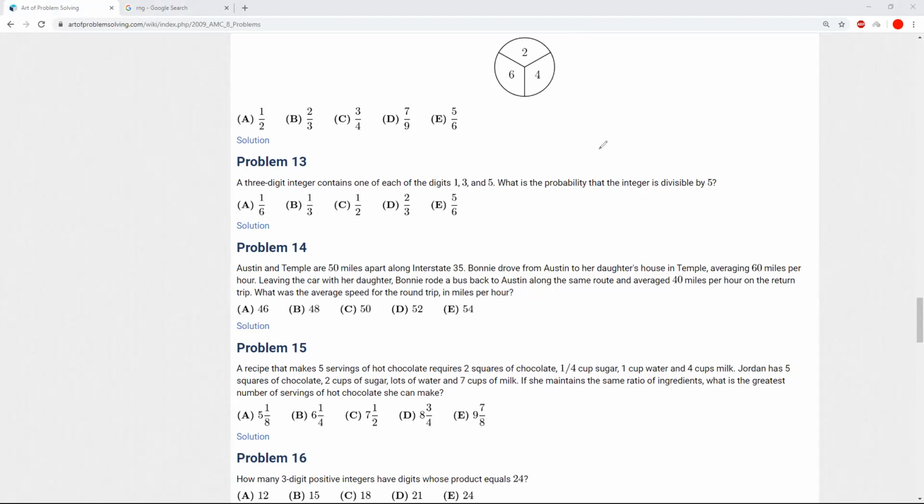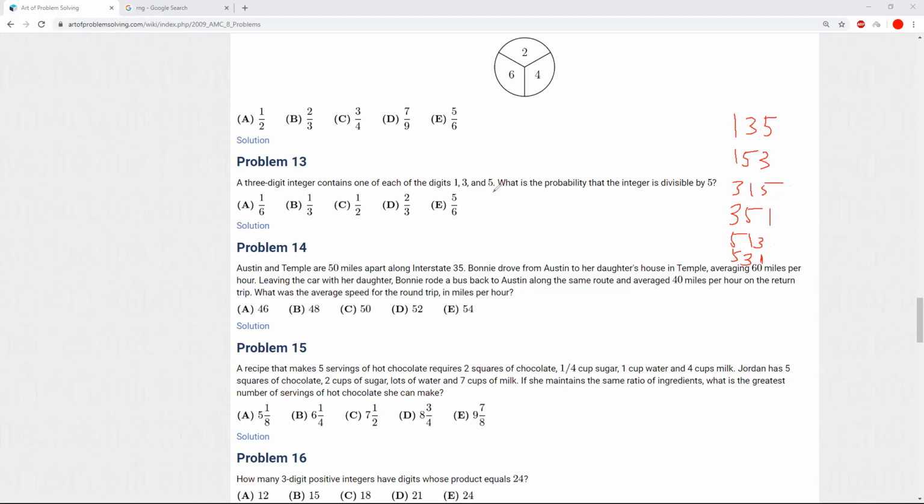So you notice there's 6 of the numbers, so it can be 1, 3, 5, 1, 5, 3, 3, 1, 5, 3, 5, 1, and 5, 1, 3, and 5, 3, 1. These are the only 3-digit numbers because there's 6 permutations in total.